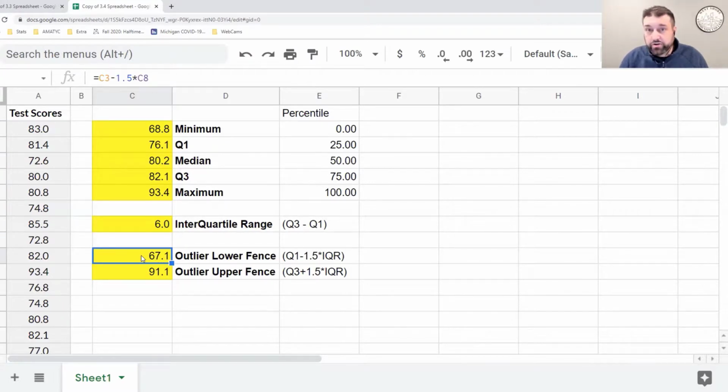So there are no lower bound outliers. Are there any upper bound outliers? Let's take a look. Well, our fence is at 91.1. So any scores above 91.1 are outliers. Do we have any scores above 91.1? Oh, yes, we do. The maximum, 93.4, is on the other side of our outlier fence. And so that means that's an outlier.